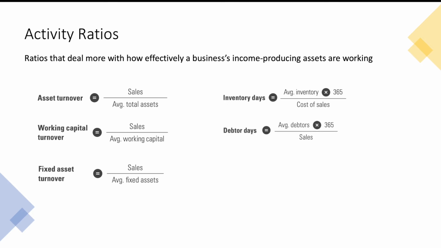And the debtor days: average debtors multiplied by 365 divided by sales. Trade creditors days: average trade creditors multiplied by 365 divided by purchases. Sometimes the purchases are not given, so we have to do a couple of backward calculations to calculate the purchases and the sales.